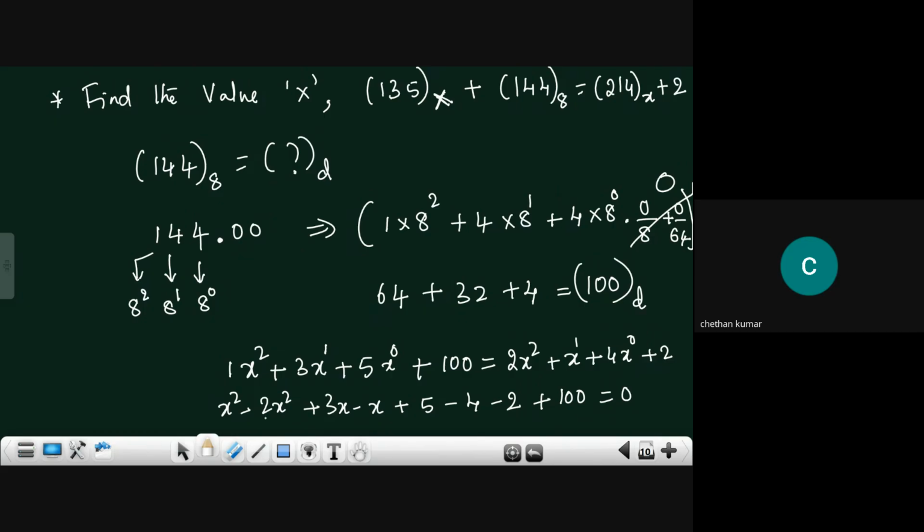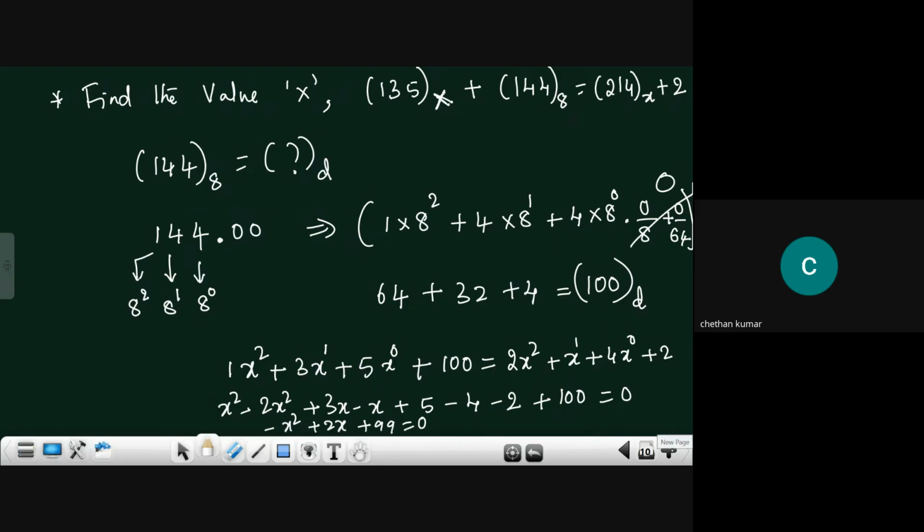Then if you simplify this, what is the result you will get? Minus x square plus 2x plus 99 is equal to 0.